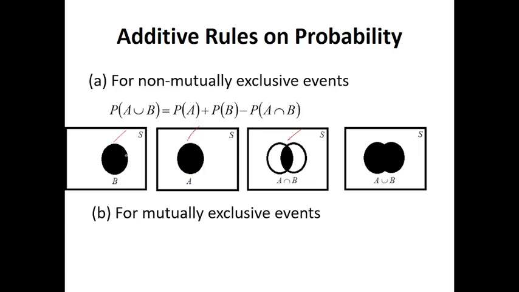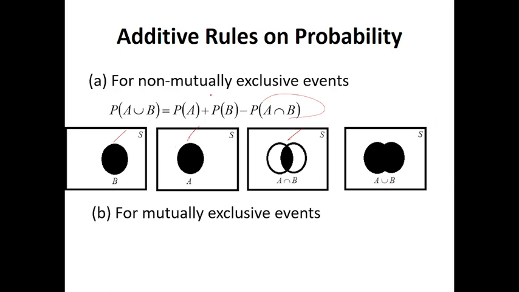Pag pinag-add mo yung dalawa, mag-overlap yun. Kaya ima-minus natin yung isang part na to para makuha yung hindi nag-overlap. So, ito na yung walang overlap. Meron kasing area na mag-overlap dyan pagka in-add mo yung dalawa. So, ima-minus natin yung A intersection B na isa.